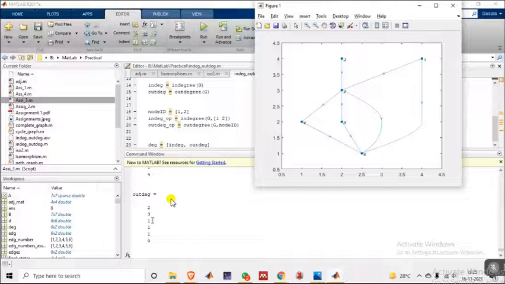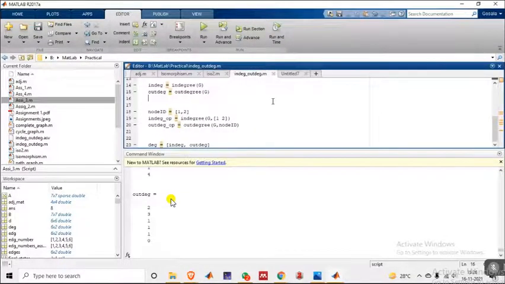Similarly, for vertex 3, vertex 4 and vertex 5, we have only 1 as out degree, because from 3 only 1 is going, from 4 only 1, from 5 only 1. And for the 6, nothing is going out from vertex 6. Every point has only in degree, but it doesn't have any out degrees.